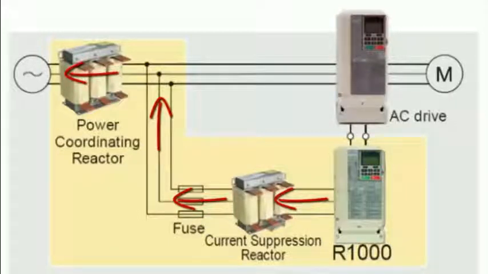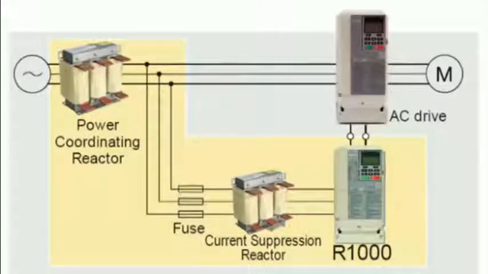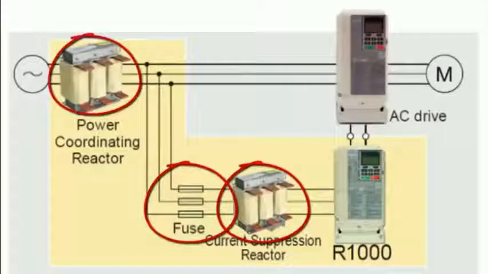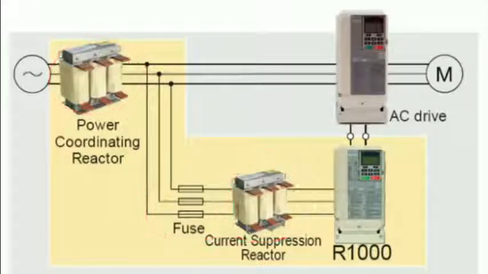The R1000 is internally configured so that current is going to flow unidirectionally, so it will only flow back onto the utility. These reactors and fuses are necessary for proper operation and protection of the R1000. The good thing is that these components have already been spec'd for each capacity R1000 by Yaskawa. They are available to purchase through your local distributor or sales channel, and of course along with the R1000 itself.